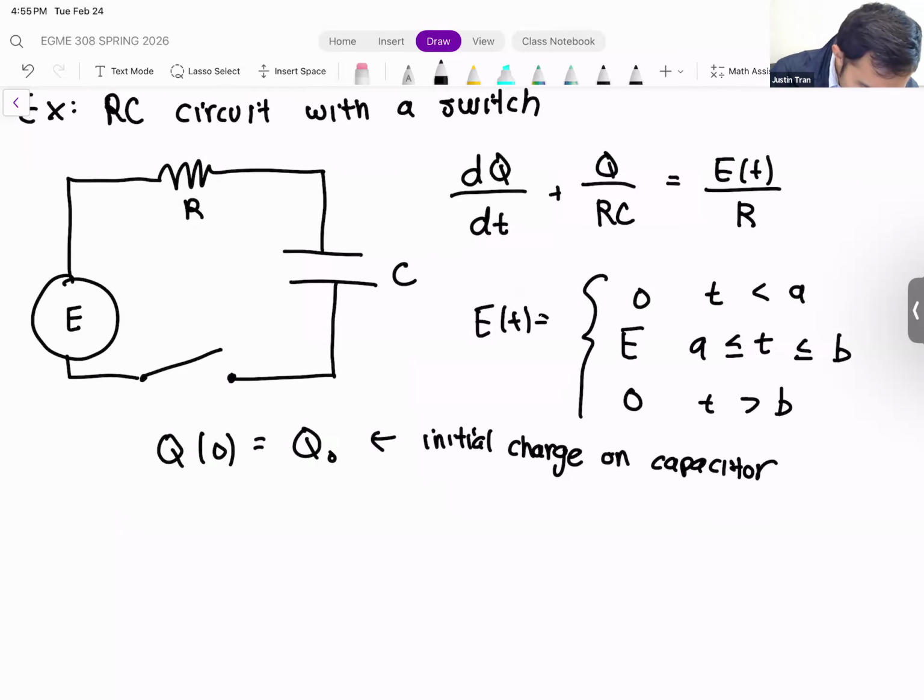So first thing we're going to do, just like the last example, is take our forcing function E(t) and represent it using step functions.